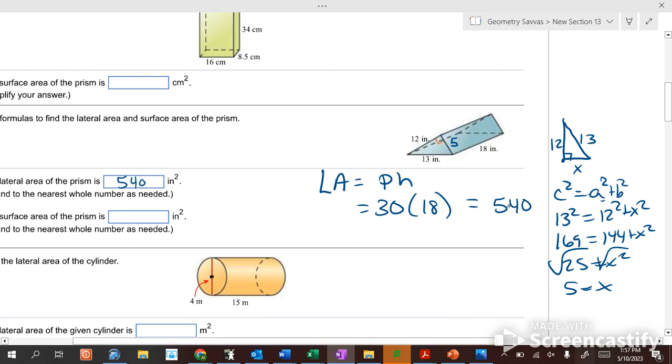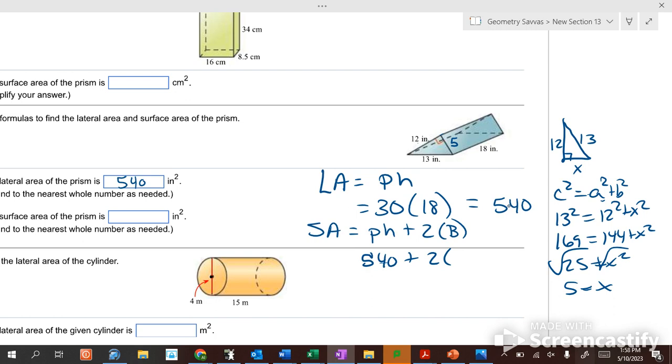Okay? The surface area is the perimeter of the base times the height plus 2 times the area of the base. So it's 540, because we just found it right there, plus 2 times the area of the base, which is 1/2 times 5 times 12. Okay, 1/2 the base times the height. So it's 540 plus 60, or 600.